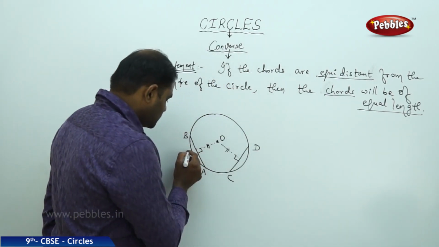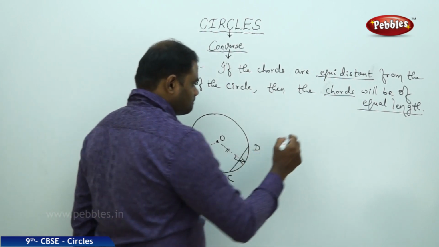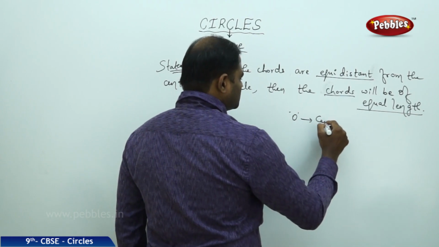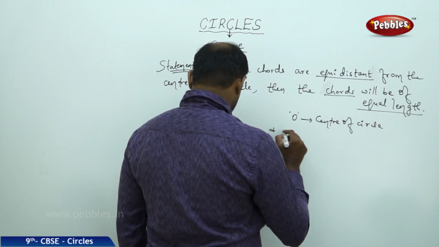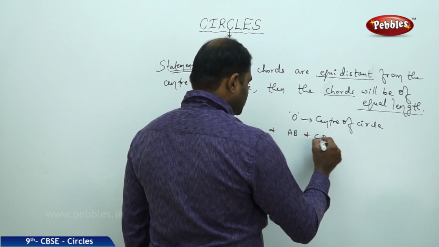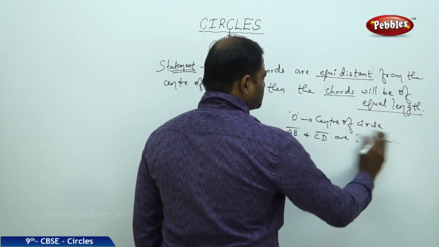So here I take OM equals ON. O is the center of the circle and AB and CD are chords of the circle.